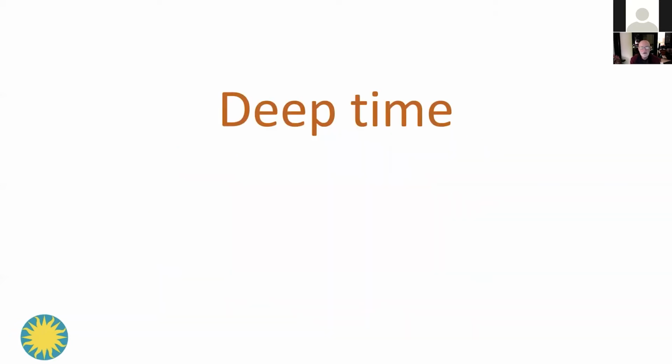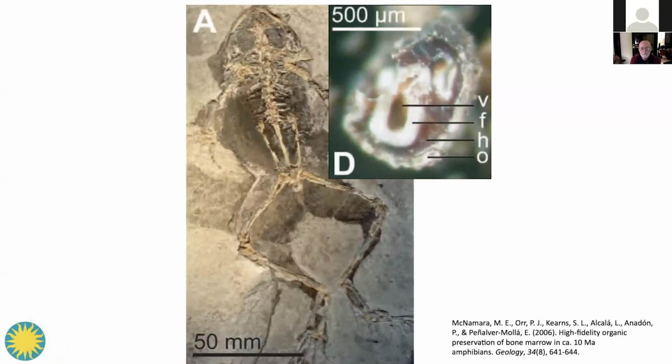Okay, let's transition now from shallow time to deep time. This is a fossil of a frog found in northeastern Spain. And when the scientists took one of the legs and made a cross section of that leg bone, this is what they found in the upper right here.